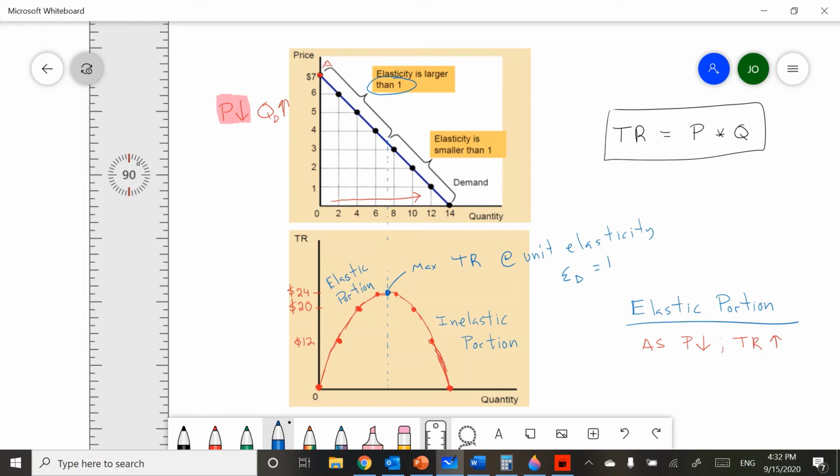Now, let's look at the inelastic portion. As price goes down, because notice, we're working ourselves from left to right, if price continues to go down on the inelastic portion, it means that my total revenue will go down.